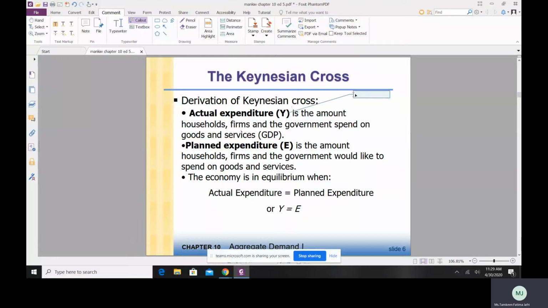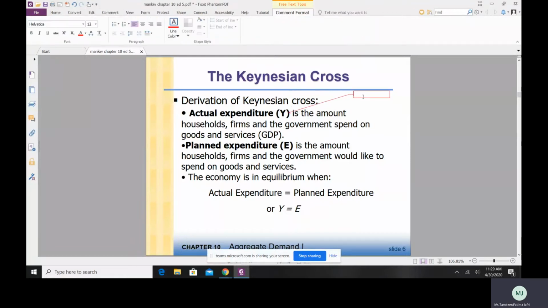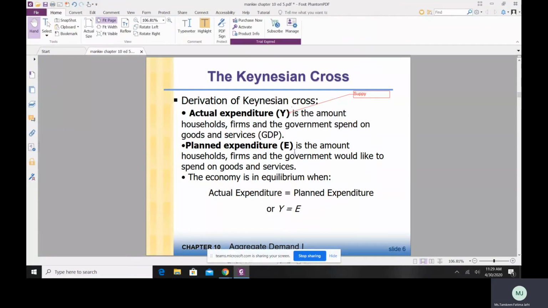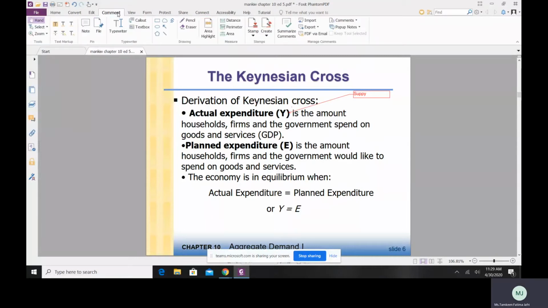So you can think of actual expenditure as the supply of goods and services, whereas planned expenditure, which is denoted by E, is the amount that households, firms, and government would like to spend on goods and services. In other words, planned expenditure is actually the demand for goods and services.